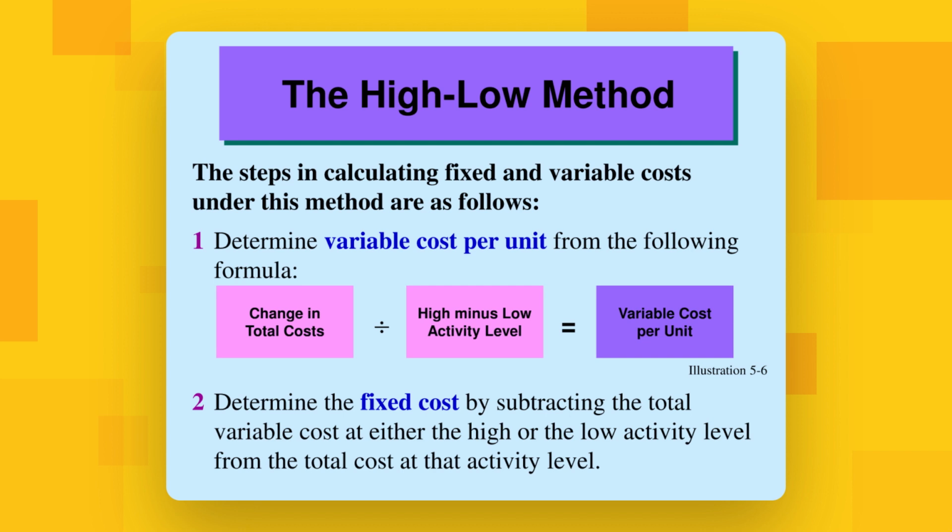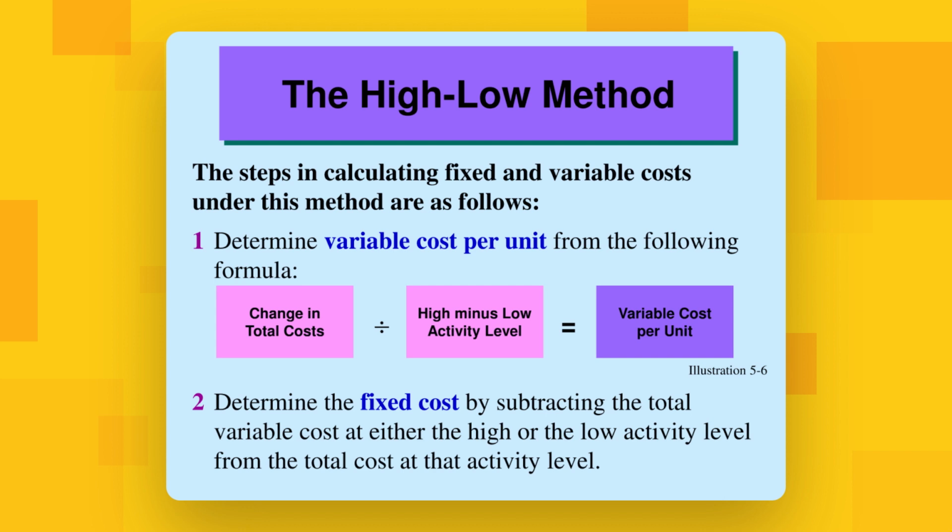Number 2 is all about determining your fixed costs by subtracting the total variable costs at either the high or the low level from the total cost at that level. That's the formula of your variable cost per unit and your total fixed cost.